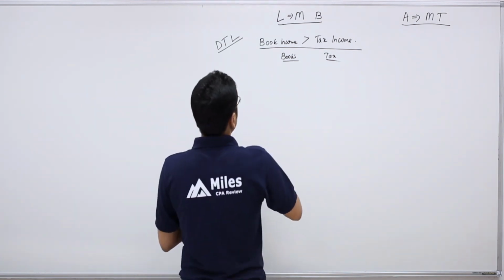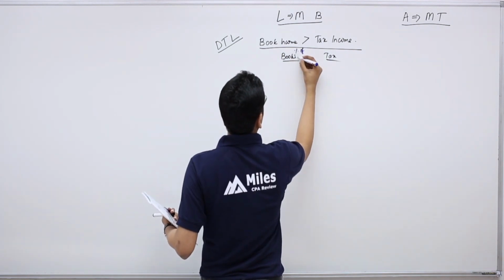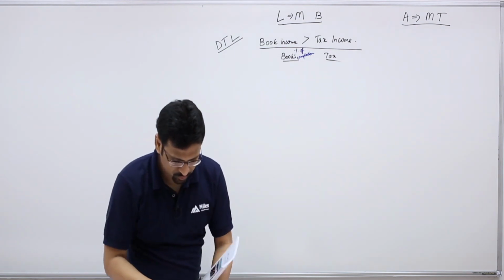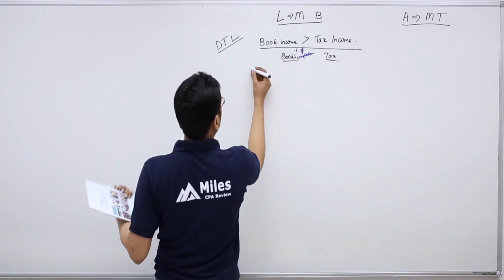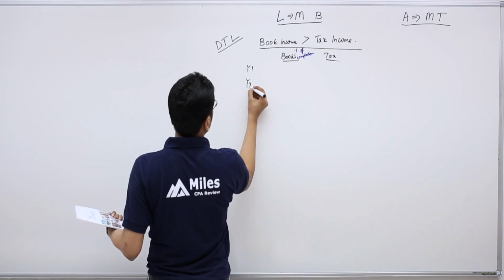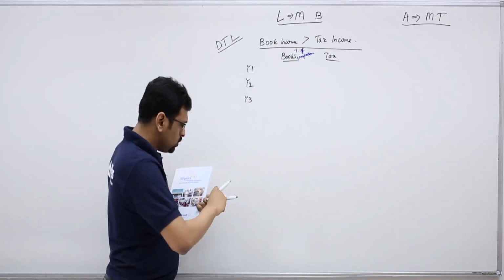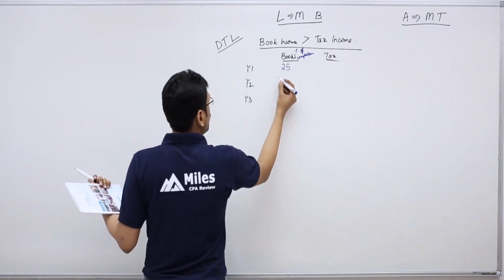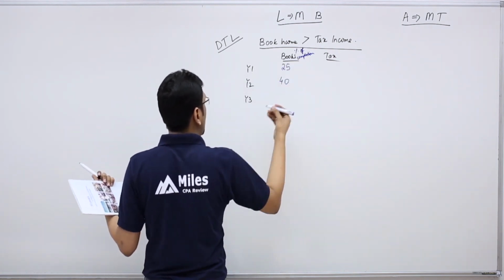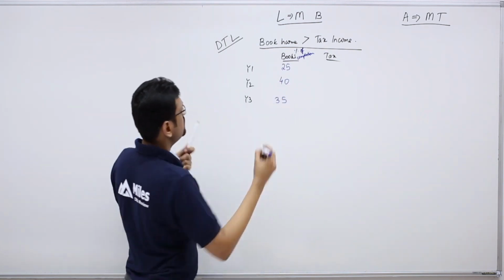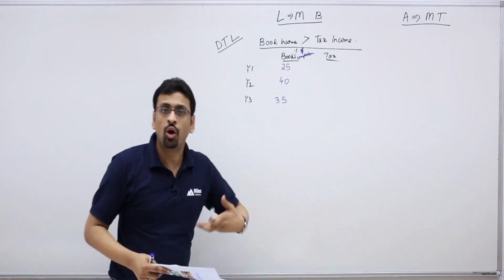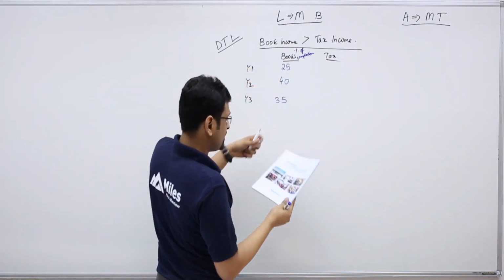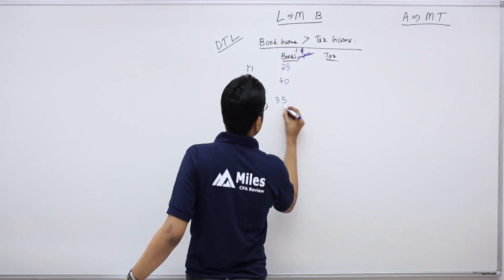So we have year 1, year 2, year 3, and you completed 25% of the contract in year 1, 40% in year 2, and 35% in year 3. Your total gross profit from the contract was, let's say, 100. So 40 plus 25 is 65, plus 35 calculates to 100.